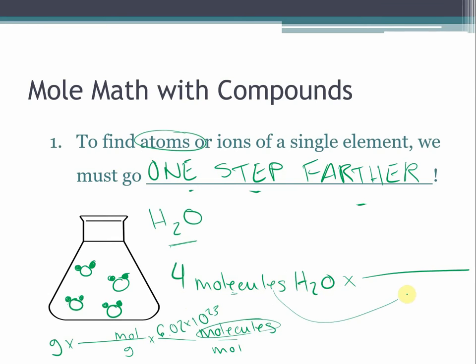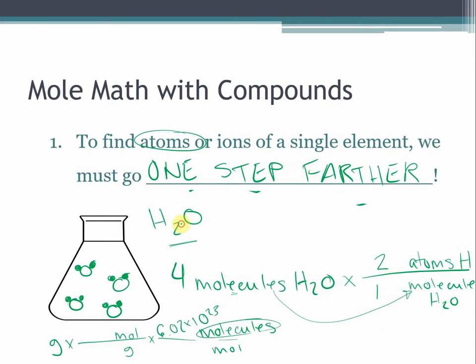What goes up must come down. We'll put molecules of water in the bottom, and we will put atoms of hydrogen on top. So in every 1 molecule of water, there are 2 atoms of hydrogen.